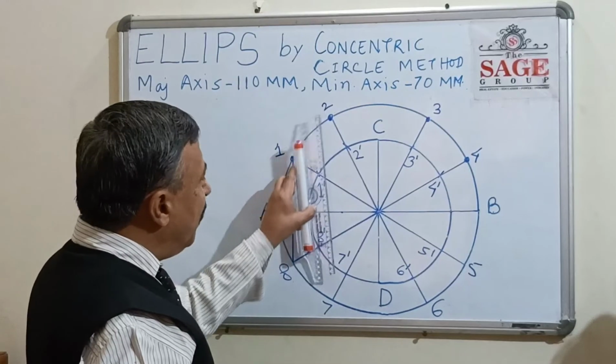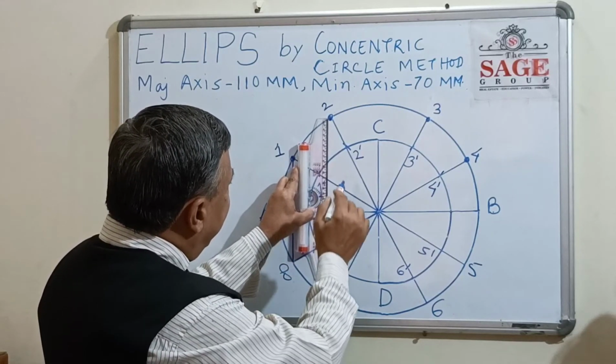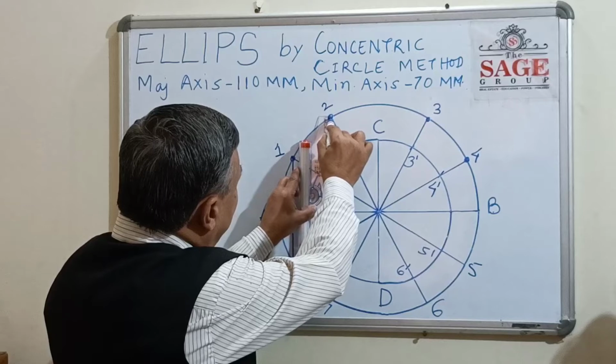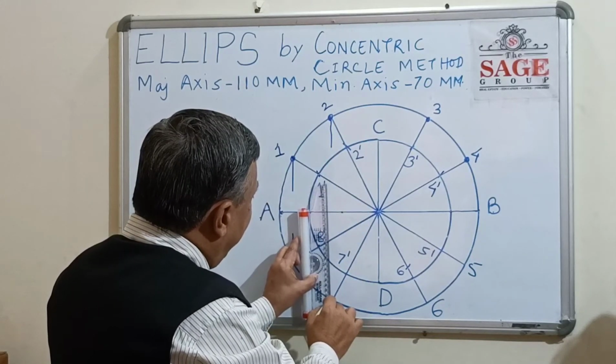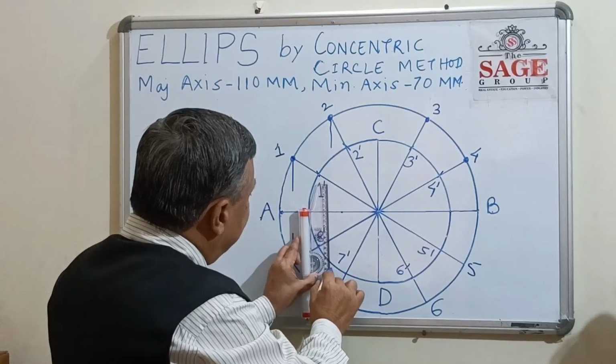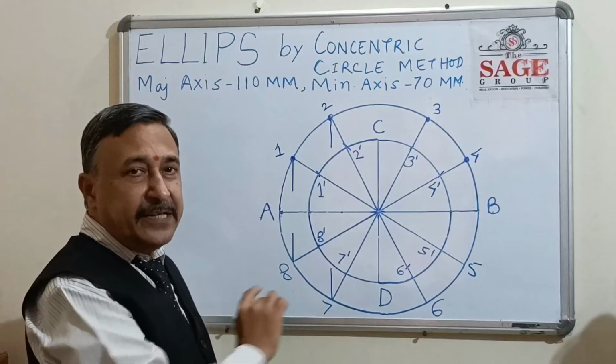Then from 2 and 7 in one stroke, downward direction and upward direction.